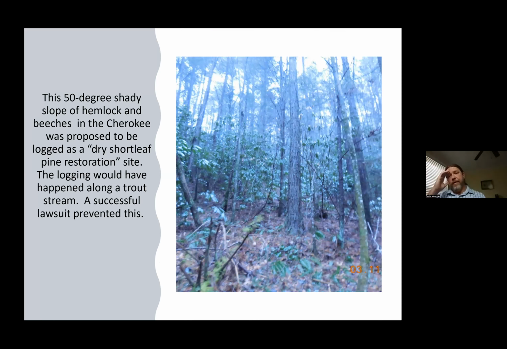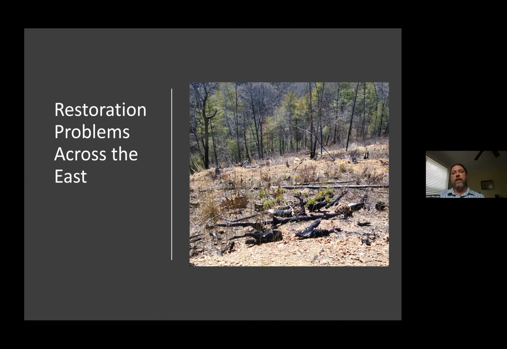And this was on a site with extremely steep slopes, on soils that were heavily documented as being unsafe for logging. So this would not have been a very ecologically appropriate restoration project, because that's probably not where you would see a lot of shortleaf pine, but also because some serious erosion would happen along that stream. Fortunately, that did not happen on that one.